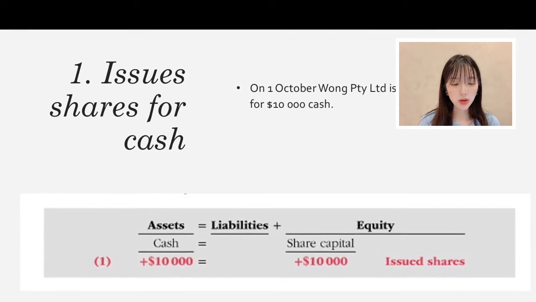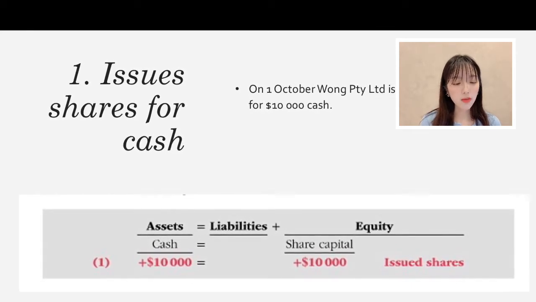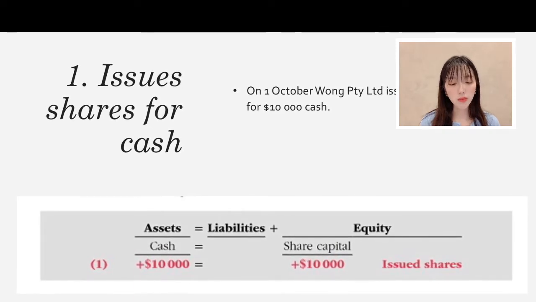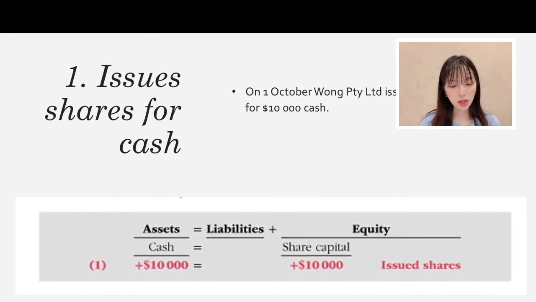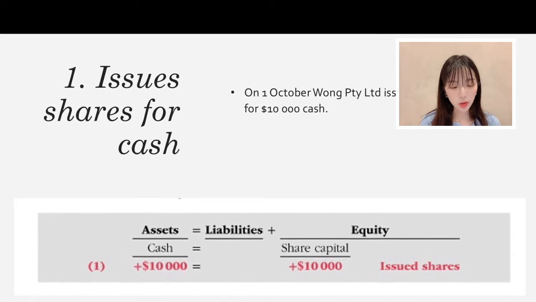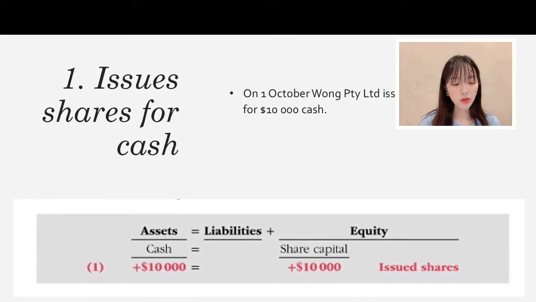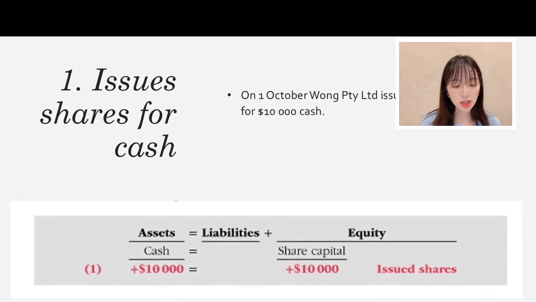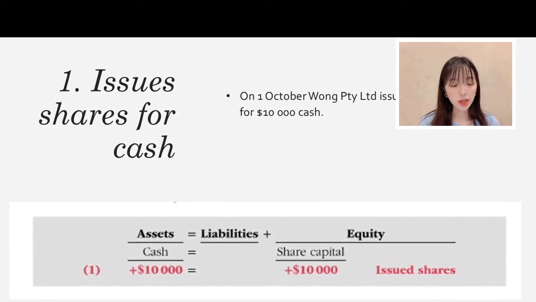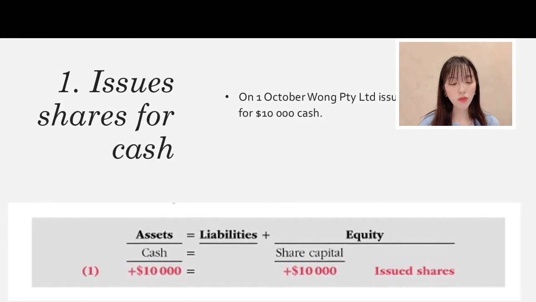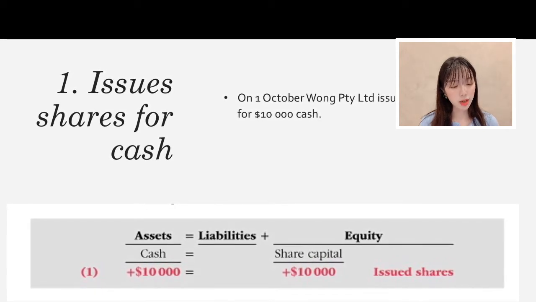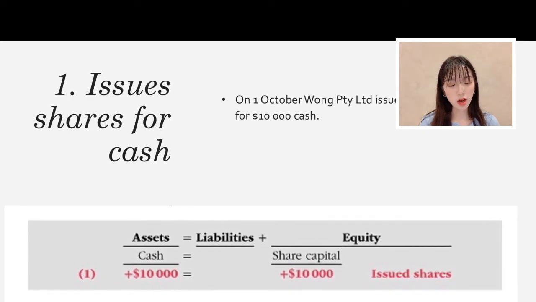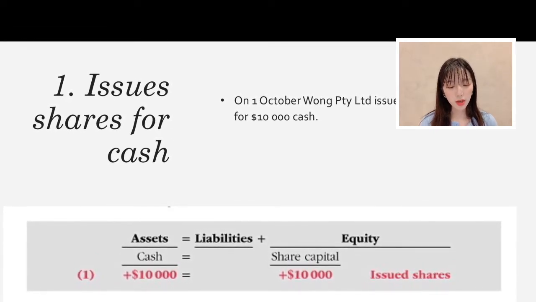This is a transaction because it involves an exchange which results in an increase in both assets and equity. There is an increase of 10,000 in cash and an increase of 10,000 in share capital in the records of One Pty Limited. The effect of this transaction on the basic equation is shown.